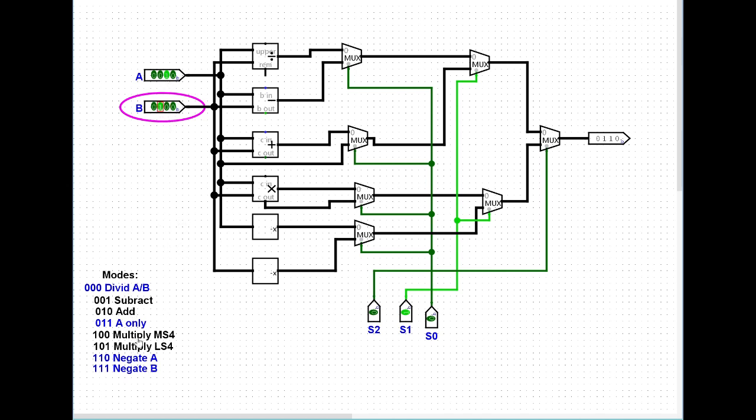So that is this number here, and that should be 4 times 2, which is 8. And then if we change it, let's do 3 times 2. It should be 6. And then that was with the most significant bit. Now the least significant, it'll be 0 because it's 0.